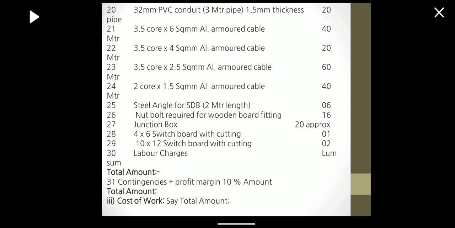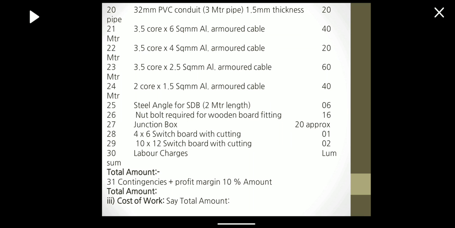Similarly, 32 mm PVC conduit pipe of 1.5 mm thickness is required, 3 meters. Then 3.5 core 6 square mm aluminium core cable is required. Similarly, 3.5 core 4 square mm aluminium core cable, then 2.5 square mm aluminium core and 1.5.